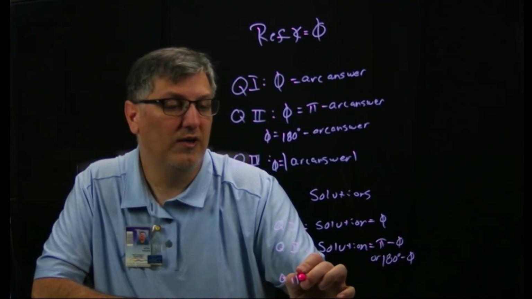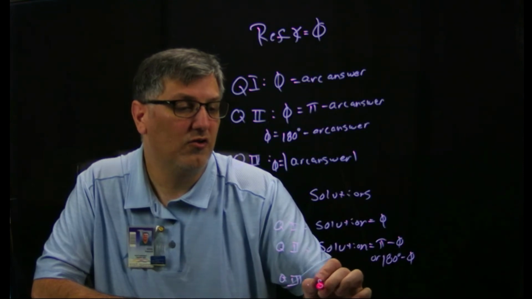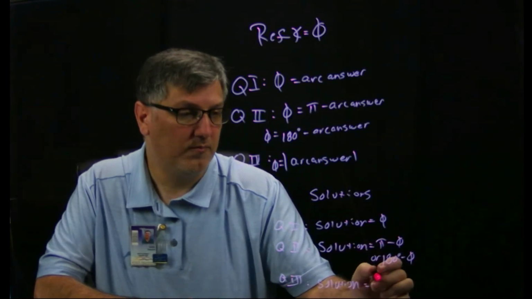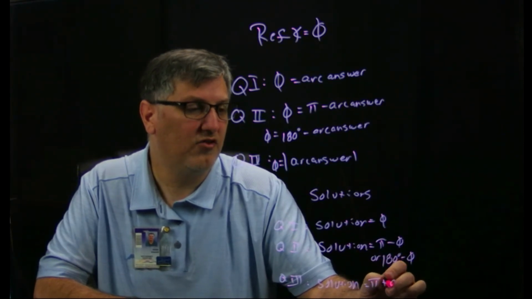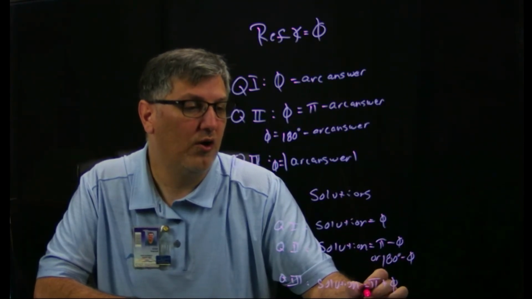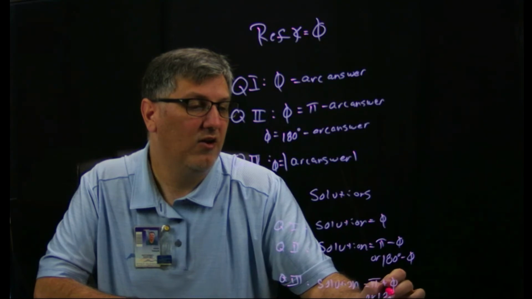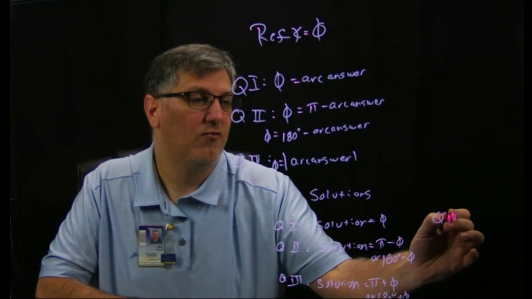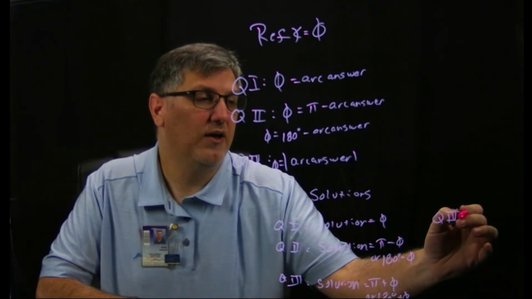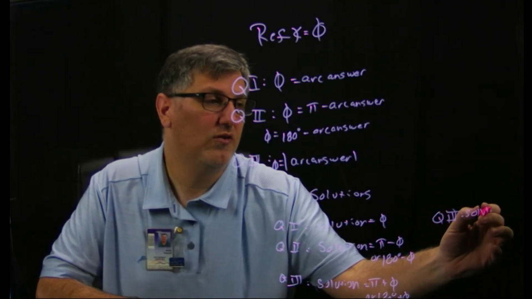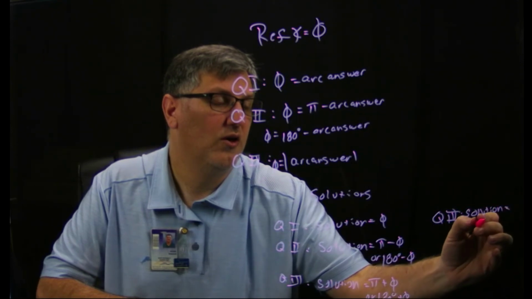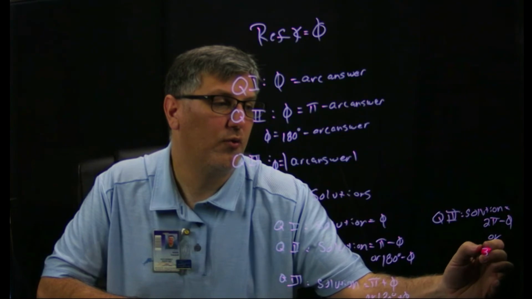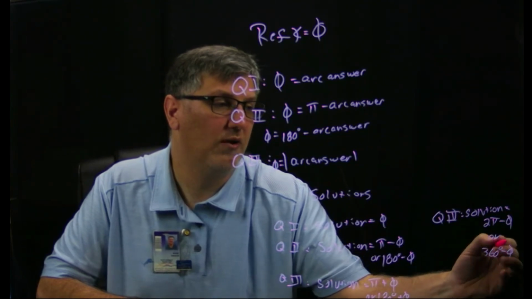In quadrant 3, your solution is going to equal pi plus your reference angle, or 180 degrees plus your reference angle. And then in quadrant 4, your solution will equal 2 pi minus your reference angle, or 360 degrees minus your reference angle.